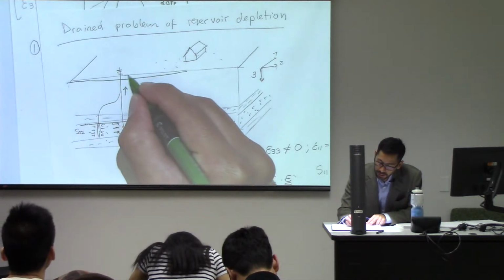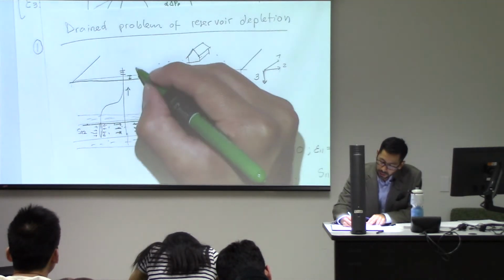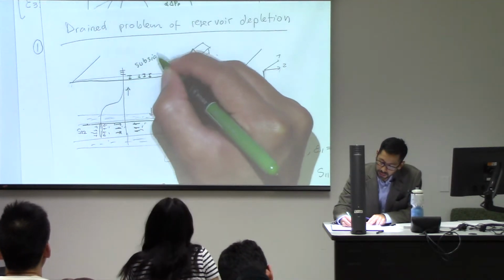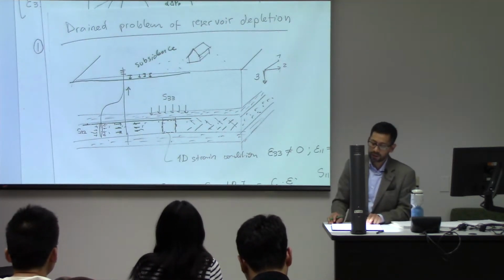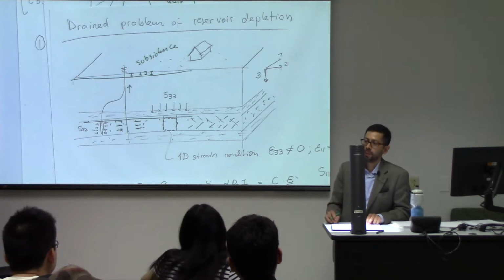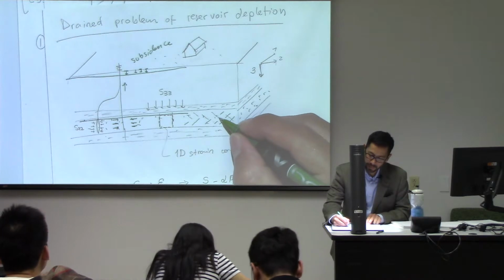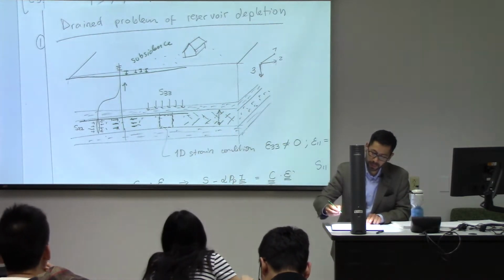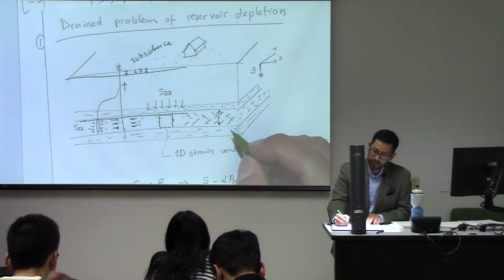And this is what is called surface subsidence. How can I get that number? I want a displacement, okay? So you take the strain and then integrate in the vertical direction and you work backwards from the kinematic equation to get the displacement. And that would be?